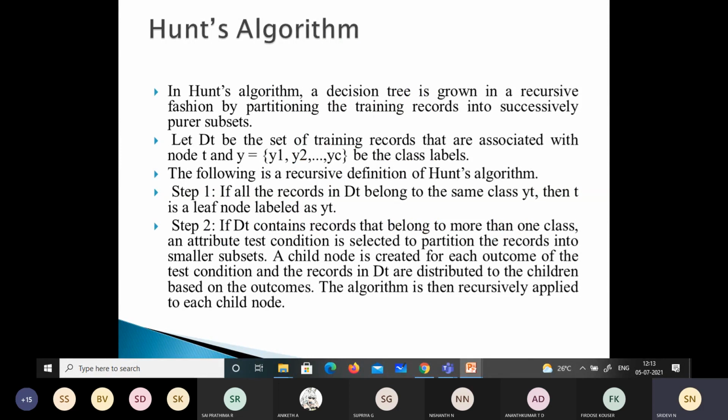If they are pure, we leave it like that, which means we have attained the purer subset and we stop there. On the other hand, if it is an impure node, then we further split based on some attribute test condition, and we continue this until all the training records are successfully partitioned into purer subsets.